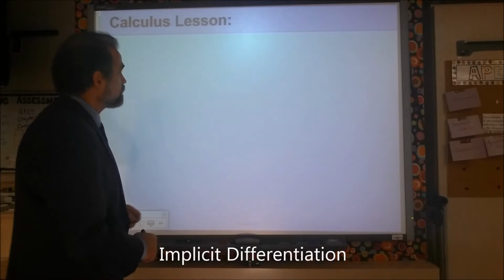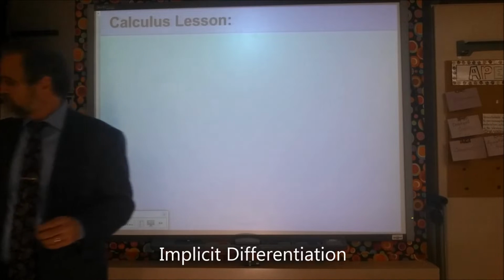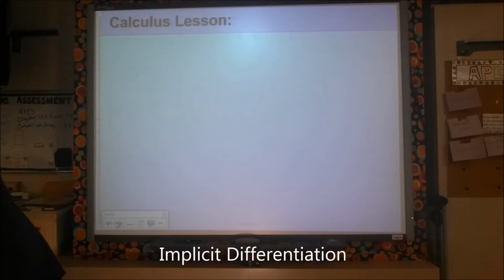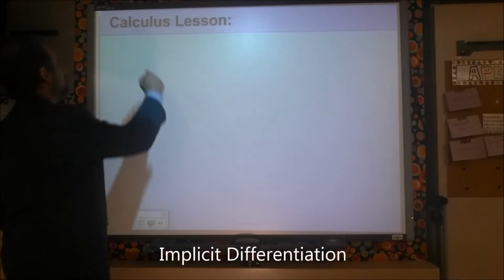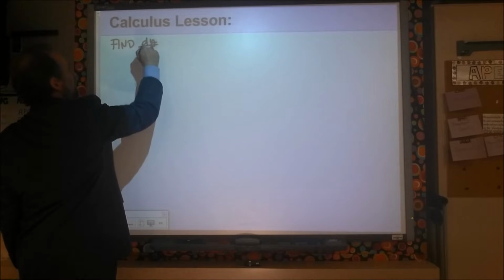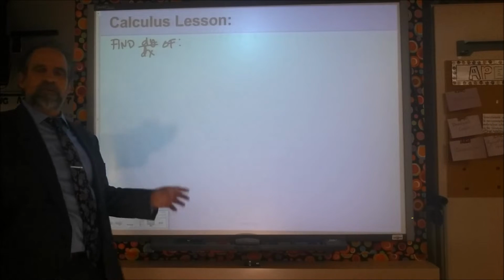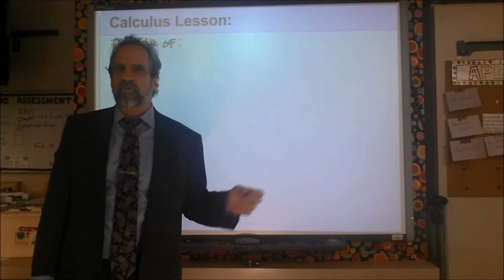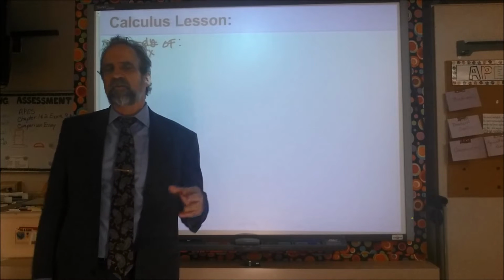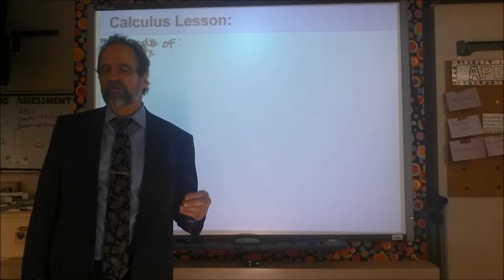So, we are going to differentiate, or take the derivative of, this expression. Find dy/dx, that's what they're asking me to do. Up to this point, we've been writing things like 2x squared minus 3, or the natural log of x, or e to the 2x plus 5. We've been writing a set of explicit functions.